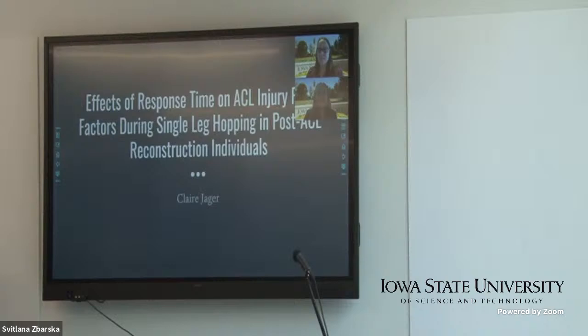Okay, and then you said that the angle or direction of the jump was always randomized. How do you think that could influence your data? Or what is the rationale for having different angles of jumps? Yeah, so for example, if your dominant leg is the right foot and you're jumping to the left, it's more of an awkward angle, or I would say even more difficult to perform than some of the other jumps.